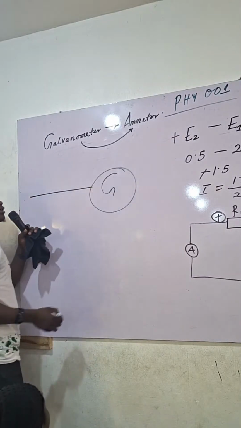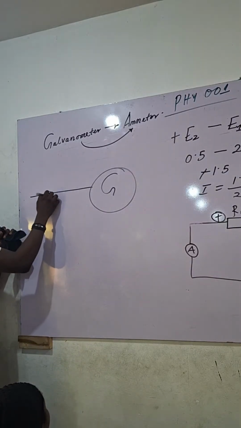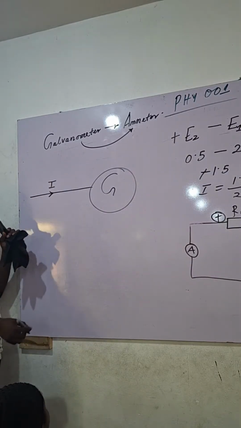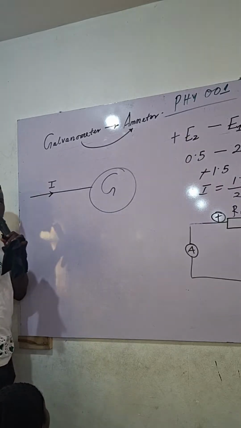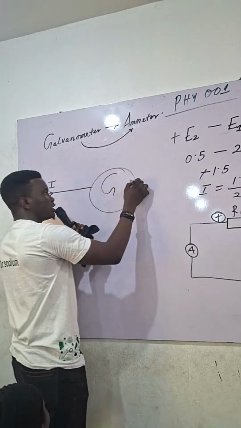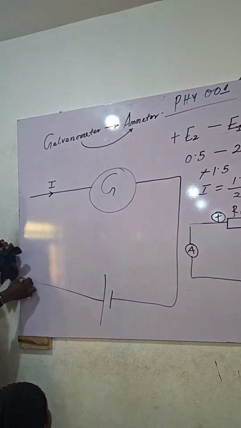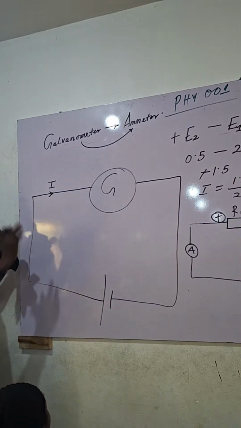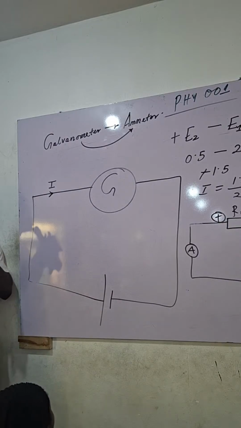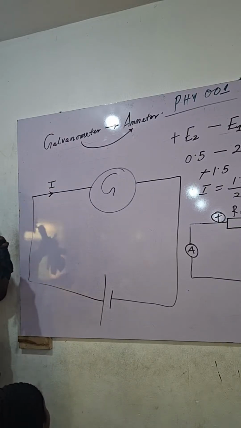So this galvanometer, when current is flowing in a circuit, is going to detect that current. And let's say this is the circuit. So that galvanometer will detect it. But now, if the current is too much, this guy only detects very small current.